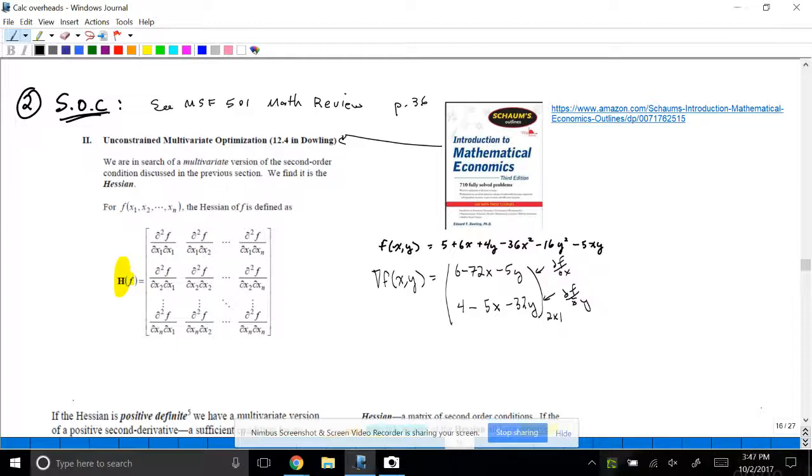And so the Hessian looks at the derivatives of our first derivative, the second derivatives and the cross products. So in this case, the Hessian of f is going to be the second derivative of f with respect to x squared, the second derivative of f with respect to x and y, the cross product.